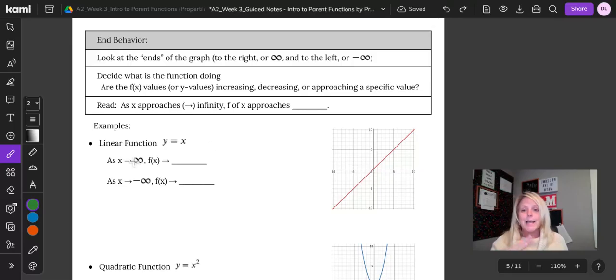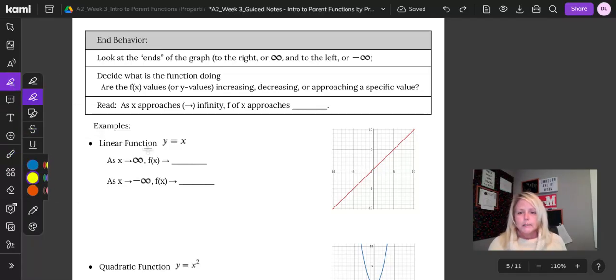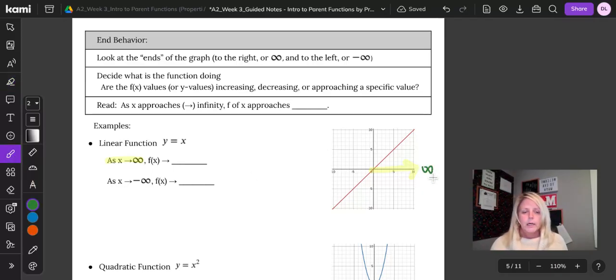So as x approaches, for the first one, we're looking at as x approaches infinity. So my x-axis is here. We're going to follow the graph and see what it is doing as I move toward the right, towards positive infinity on my graph. As I move on the x-axis to the right, my graph is heading upwards, so it's heading towards positive infinity.